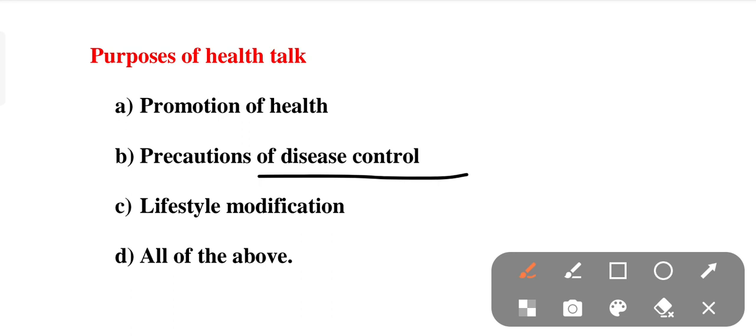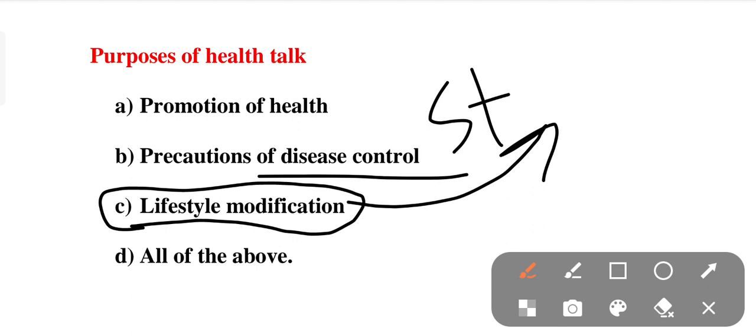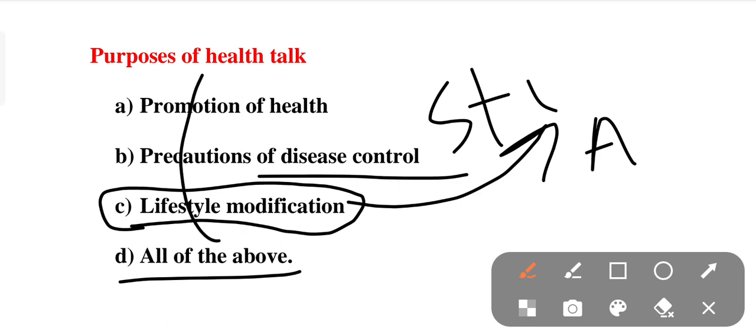We will say what precautions have to be taken, like prevention of malaria and prevention of malnutrition, and lifestyle modification. Lifestyle modification is nothing but stopping smoking and alcohol. So the right option is all of the above. These are the purposes of health talk.